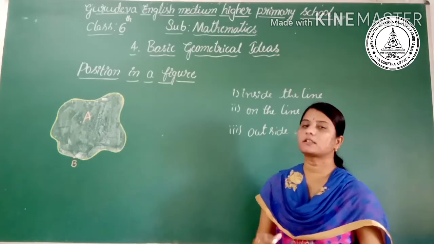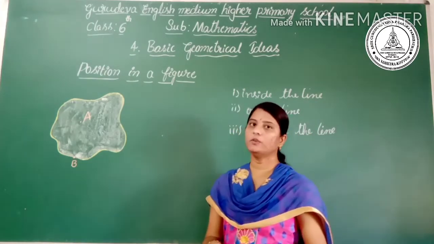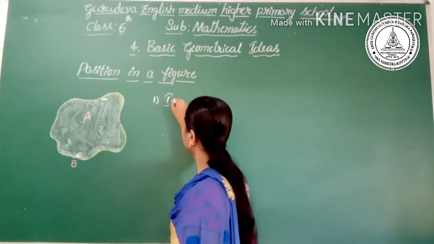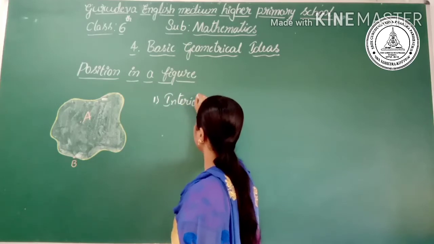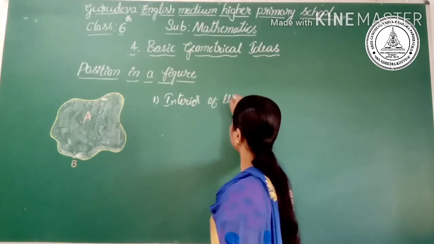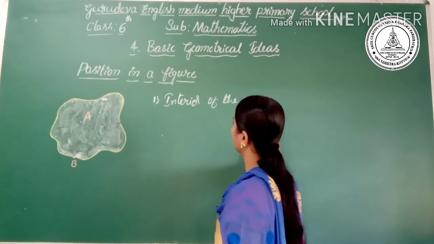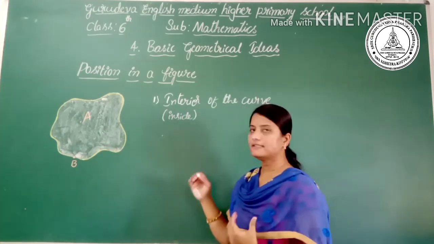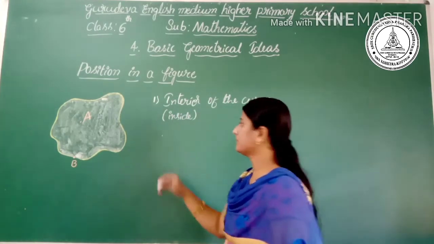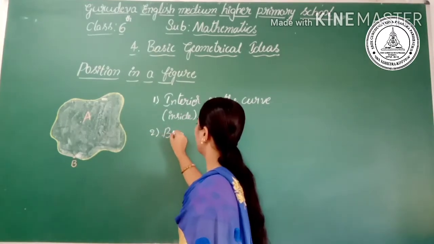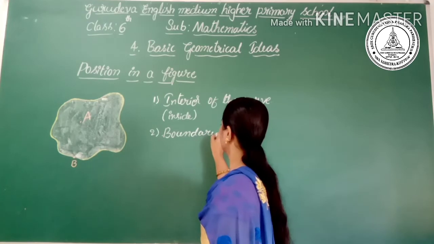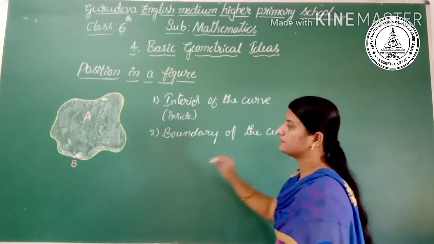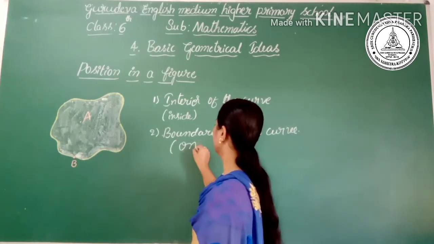Here in this closed curve, we can also divide it into three parts. The first one is the interior of the curve, which means inside. The second one is the boundary of the curve, which we can say is on the curve.